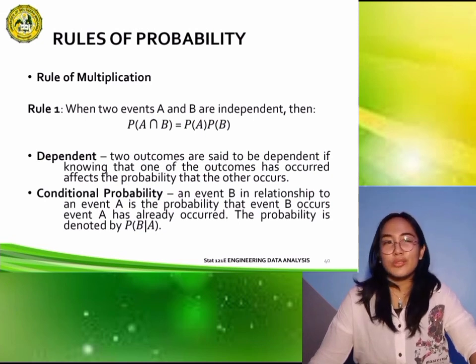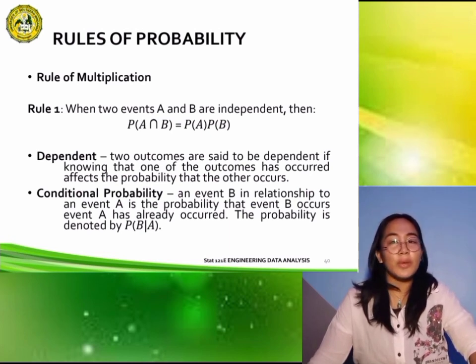There are two rules. The first rule is when two events A and B are independent, then P of A intersection B is equal to P of A multiplied by P of B. Two outcomes are said to be dependent if knowing that one of the outcomes has occurred affects the probability that the other occurs.